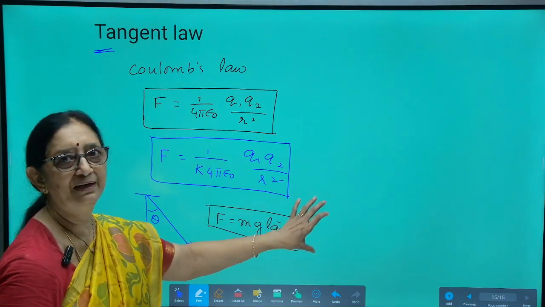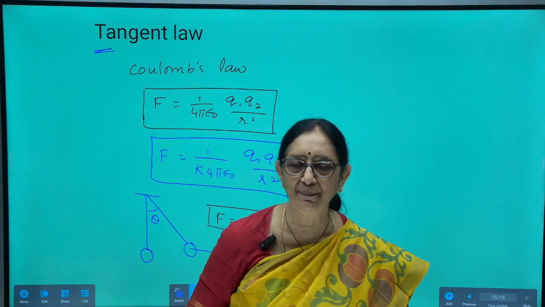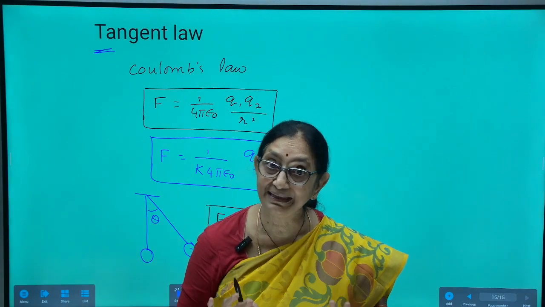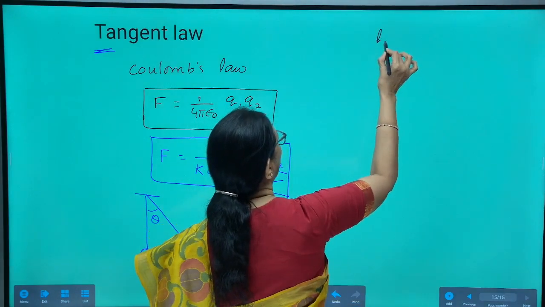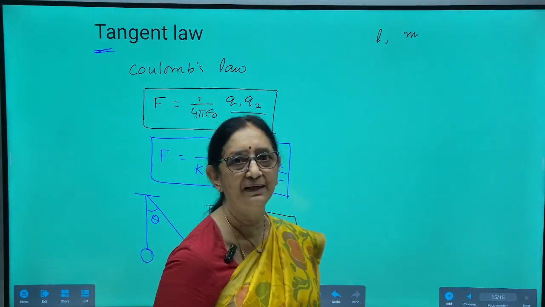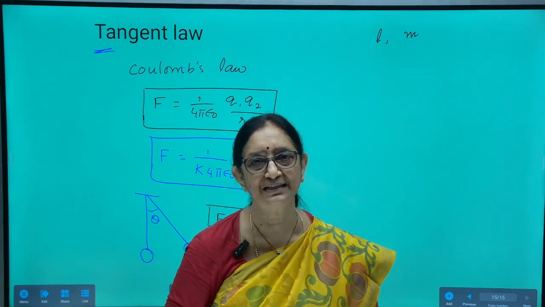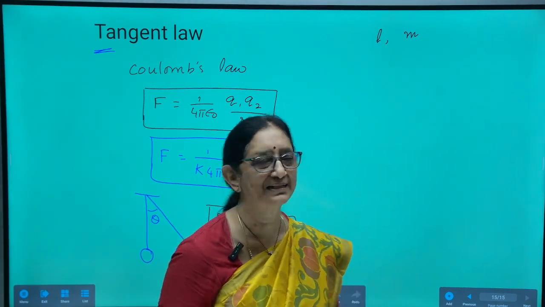Now, coming to electrostatics, consider two identical simple pendulums, meaning the lengths are equal and the masses of the two bobs are equal. They are suspended from the same point.